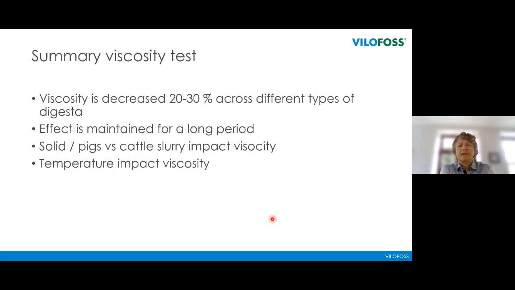We also observed an effect of temperature on viscosity, so that higher temperature reduces the viscosity and makes it easier to flow. So this will of course also affect the way the biomasses work in your biogas plant.